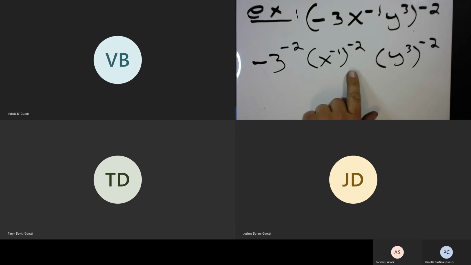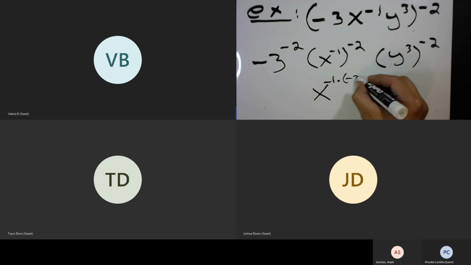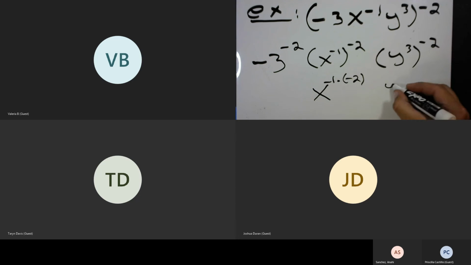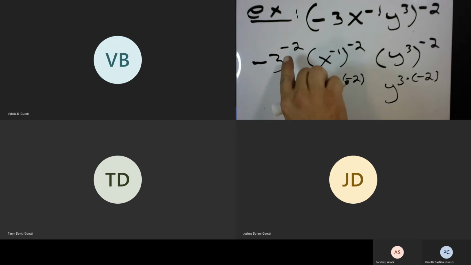And then here, we're going to use our power rule. So we'll get x is -1 times -2. This is y to the third times -2.